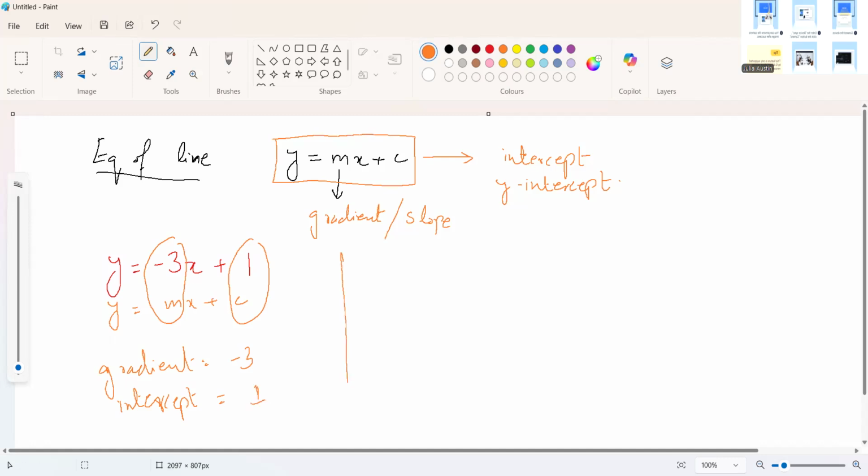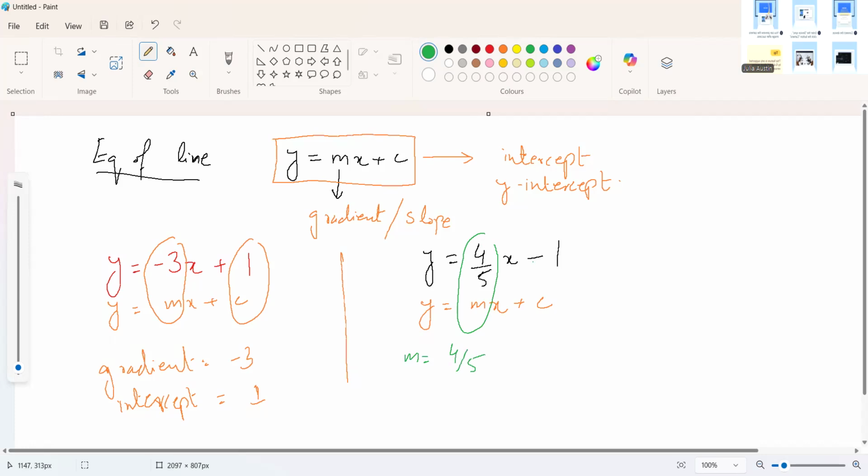Let's take another example. Let's say this time I have y is equal to 4 by 5x minus 1. Again, you can compare this with y is equal to mx plus c. You can easily see that m is equal to 4 by 5. So you write gradient is equal to 4 by 5.